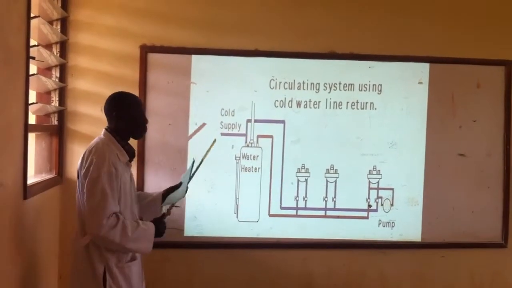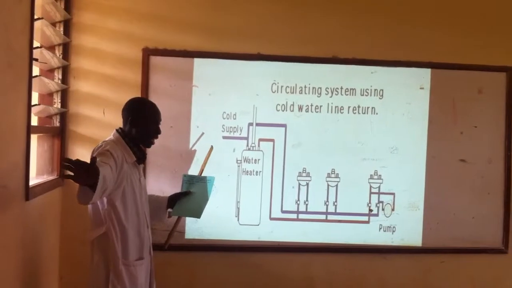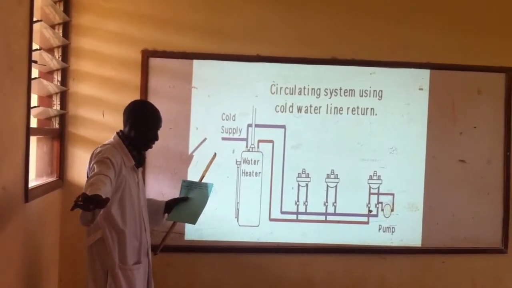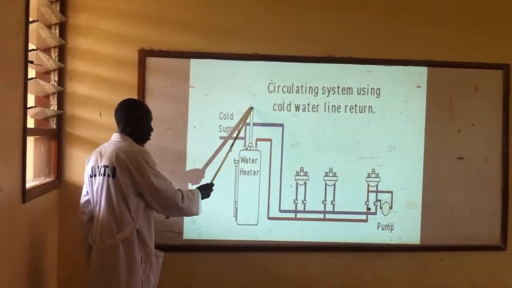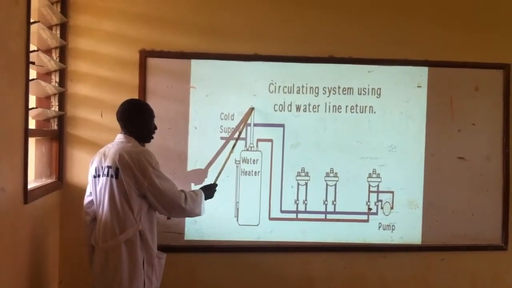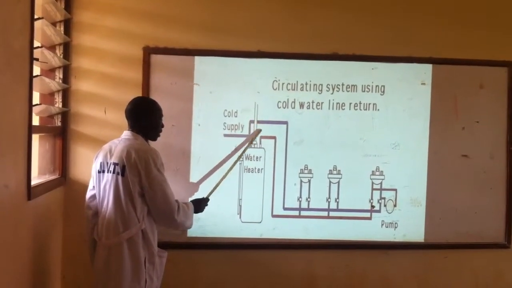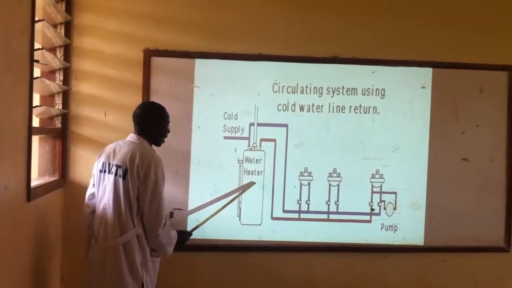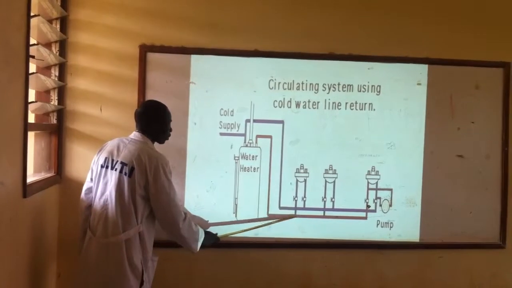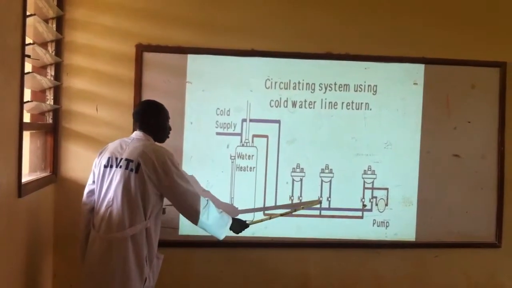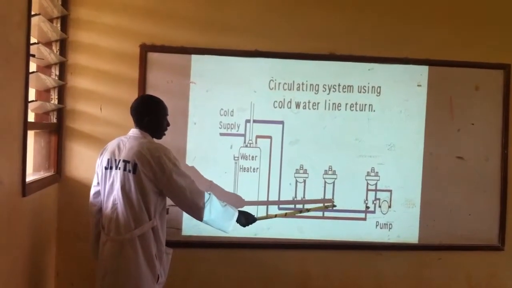Cold water is supplied on the right hand side. Then these ones are ventilation. Then the water having been heated here passes through that pipe, then also comes to the left hand side.